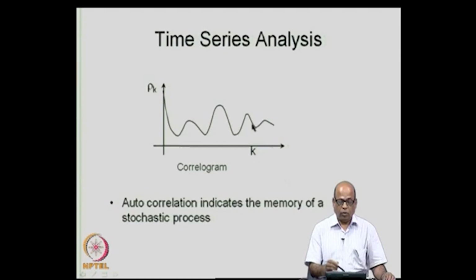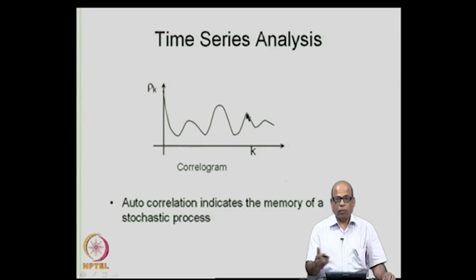Let us say k is equal to 12 in the case of monthly stream flows. Let us say you are talking about the flow during the June of a particular year depending on the flow during the June of the previous year. And if the time series consists of monthly stream flows, then we are talking about a lag of 12 months. Then k is equal to 12, and then we may have an associated rho k value here.